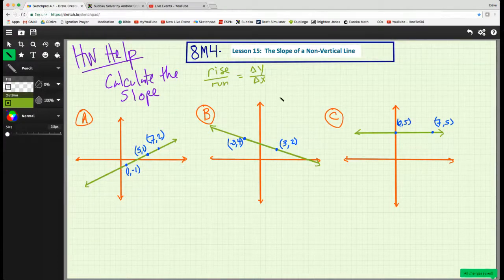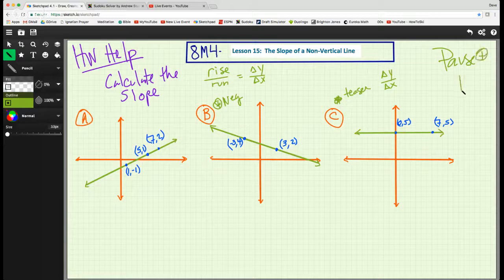And notice this one here is going to be negative. Watch. B, hint, this one's negative. And C is a teaser. But I think you can get it if you stick to the formula of change in y over change in x. Okay, I will let you pause and try.